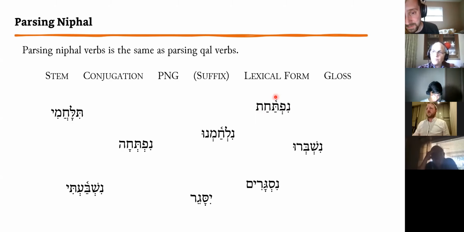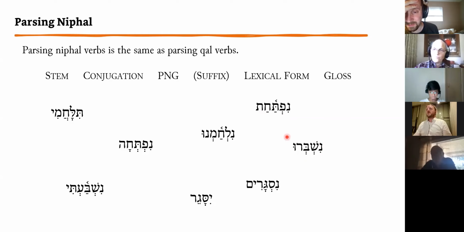It's a participle, just being open. You don't need was. Just being opened, because it's a participle. Or just opening intransitively, as John said.